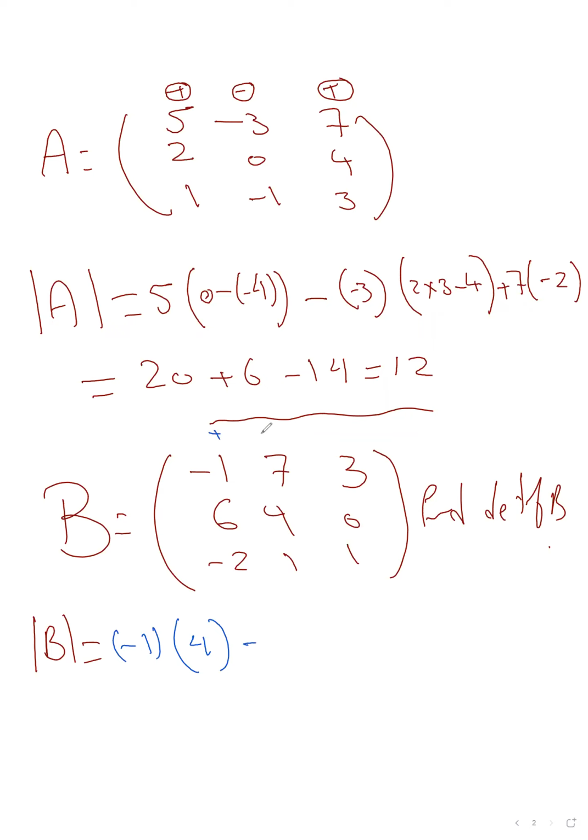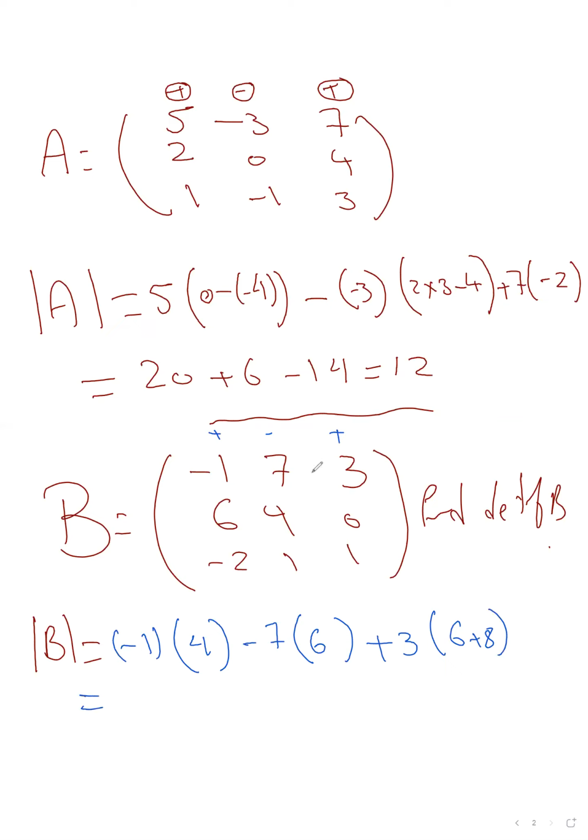Then minus 7 times, cancel the row and the column of 7, negative 1... 6 times 1 is 6. Then plus 3, cancel its row and its column, 6 times 1 is 6 minus negative 8, plus 8.